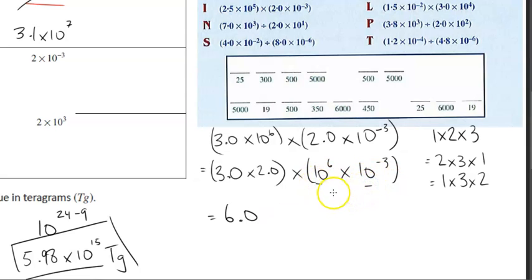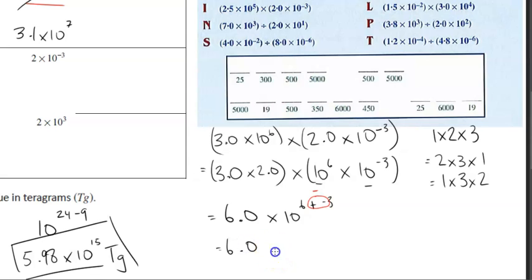When we are multiplying with the same base, the powers get added. So this is 10 to the power 6 plus minus 3. We've got a plus and a minus, so this changes into a minus. 6 take away 3 is 3.